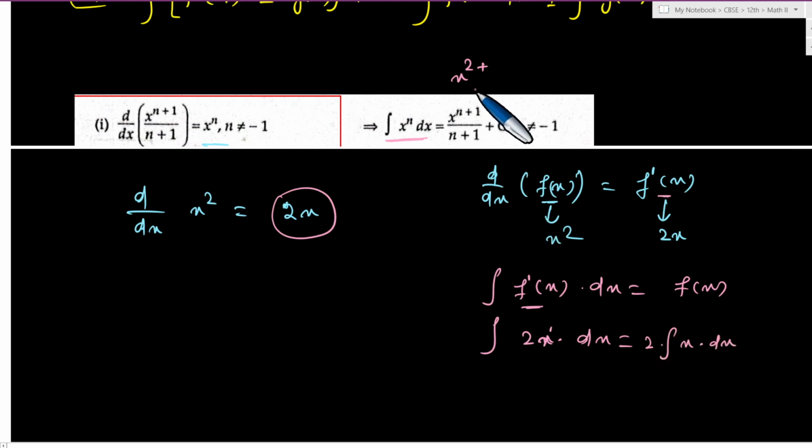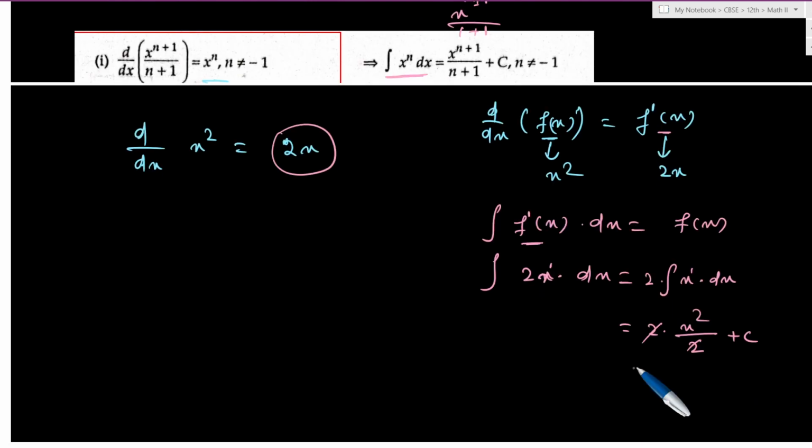So x to the power 1 plus 1 divided by 1 plus 1, we'll get 2 into x to the power 2 divided by 2. This 2 and 2 will be cancelled out. And in case of integration, we always get a constant, x square plus c.